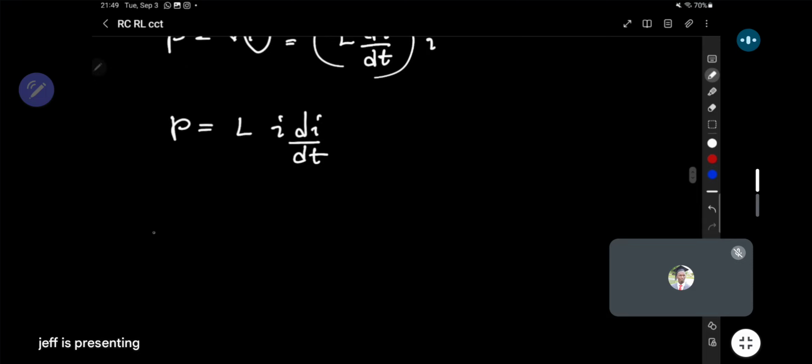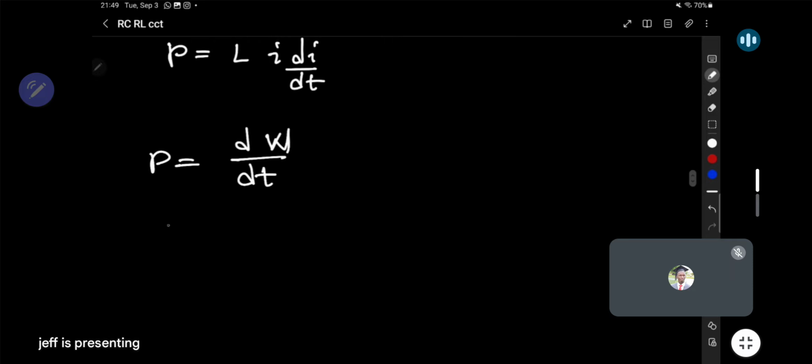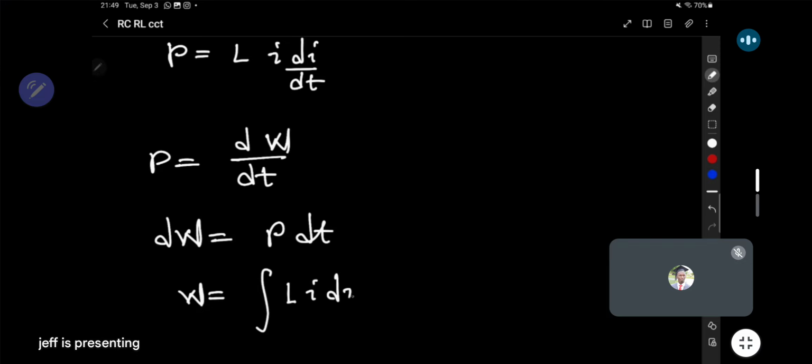In the same way, power can be related to the amount of work done in a specific amount of time. So just like that, we can get the amount of work by integrating power. So the amount of work will be the integral of power. We saw power was what? L I di dt. But we have to multiply this with dt.